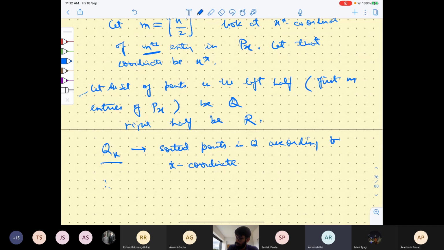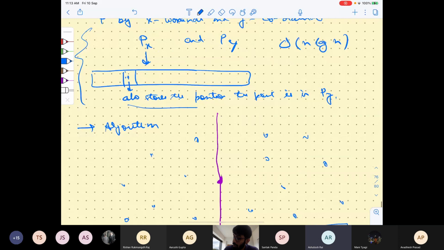And then you have QY, which is the sorted list of points in Q by y coordinate. To construct this QY is why you had stored the pointer to the position in Py.